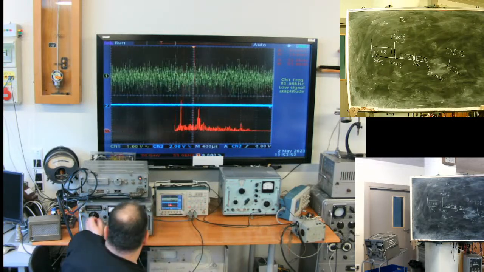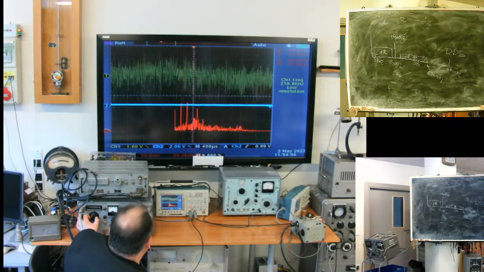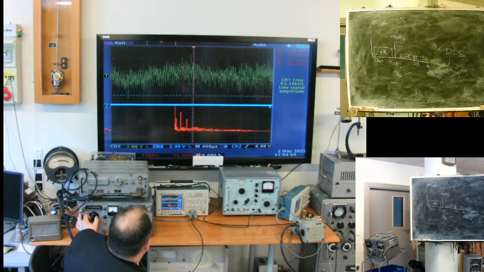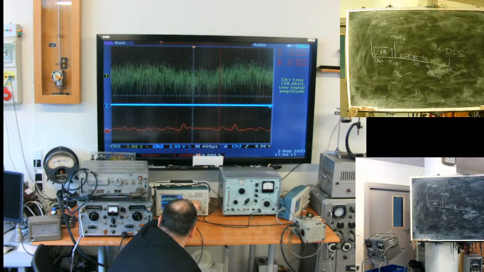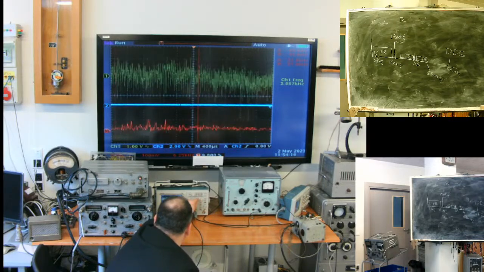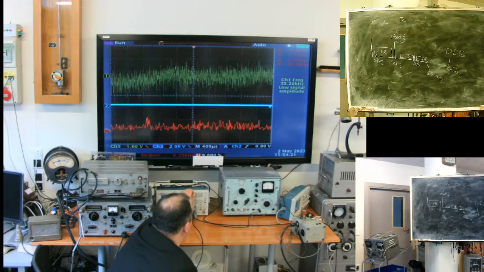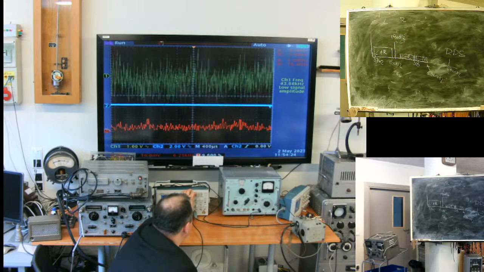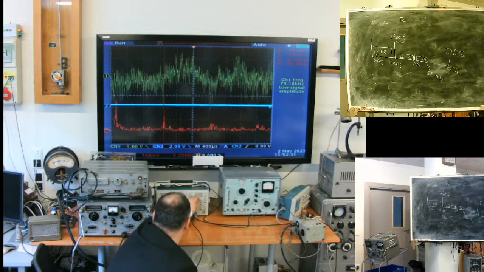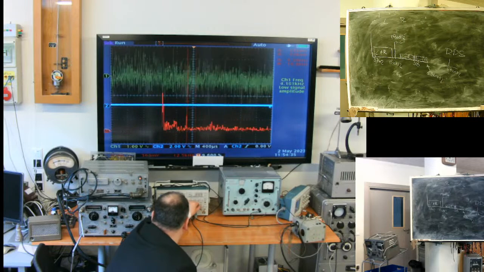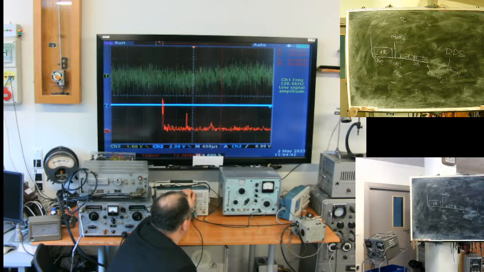I would like to find one with a well visible data stream. This is my 19. Pilot is okay.